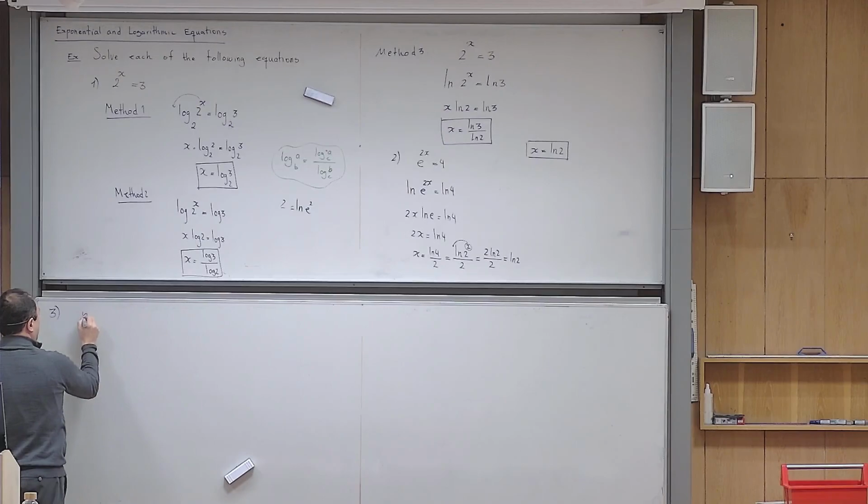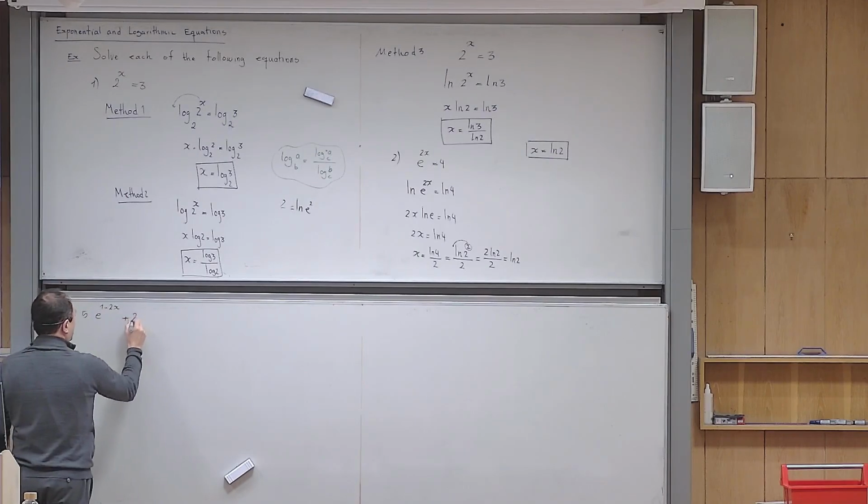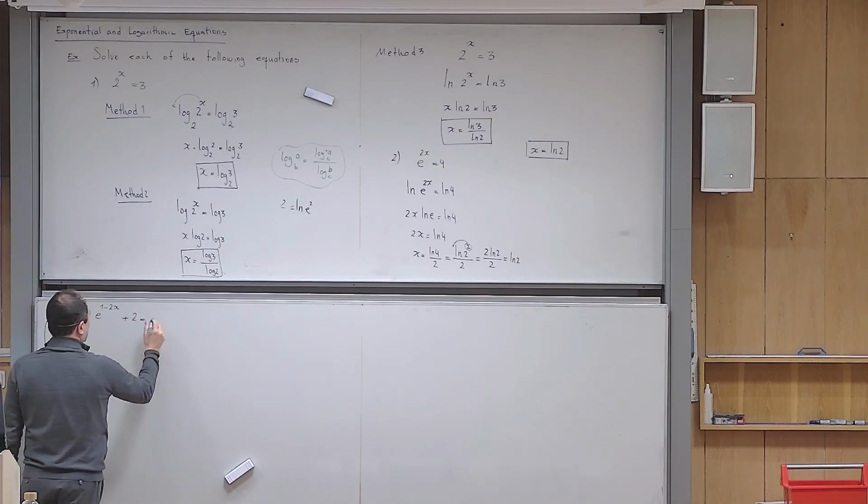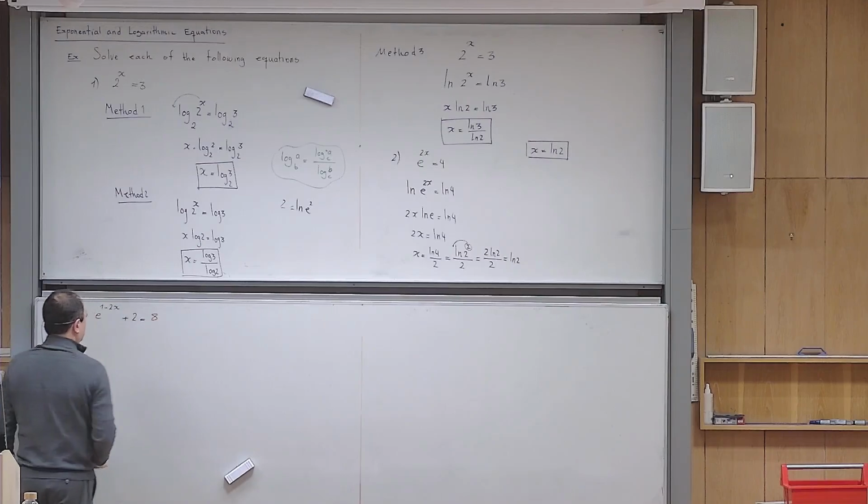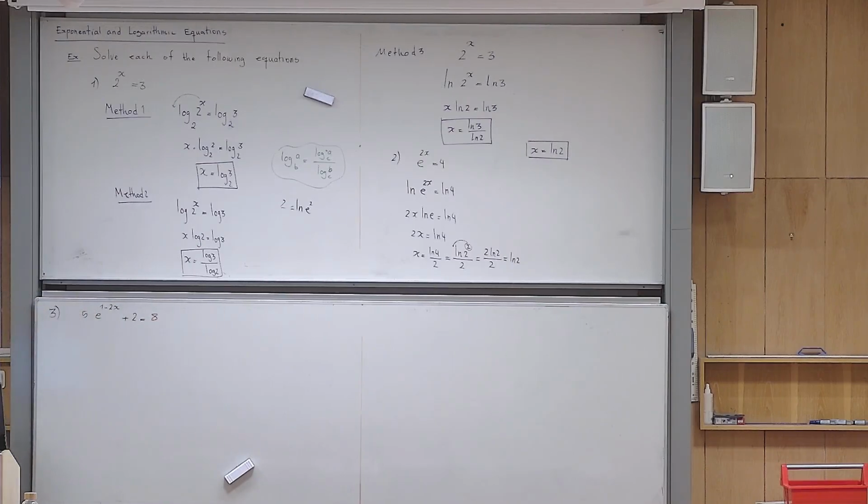Well, I can write 5e to the power of 1 minus 2x plus 2 is equal to 8, for example. We want to find x. So what should we do first? I want to try to isolate x.